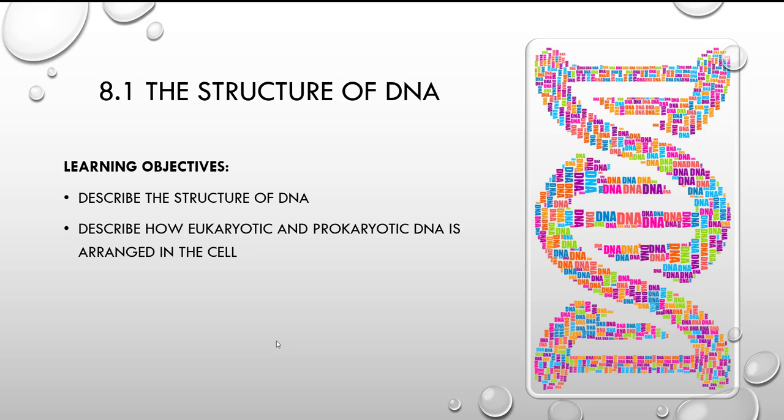If you recall from earlier in the term, way back in, I think it was chapter 2, we learned that the macromolecule nucleic acid, DNA, is a polymer of nucleotides. Each of these nucleotides is composed of 3 parts: the nitrogenous base, a 5-carbon sugar, which in DNA is deoxyribose, and then a phosphate group.